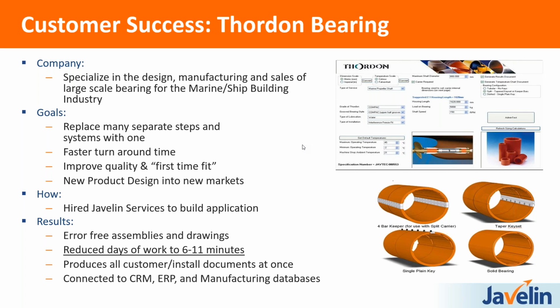We're connected to ERP so we can pull out costs, so we know the cost of each of these assemblies and they can adequately price or quote it. It's a great example of a customer we started working with in 2007 and are still working with to this day, adding more and more functionality.